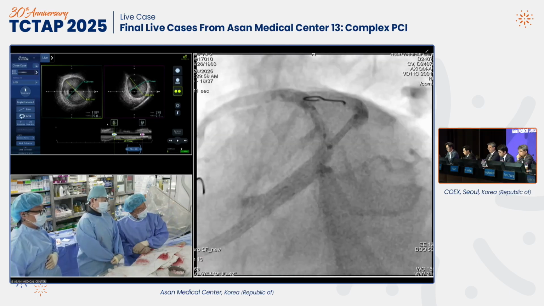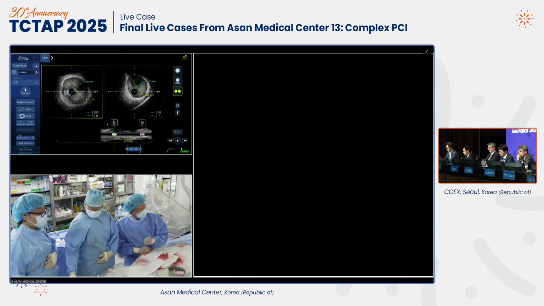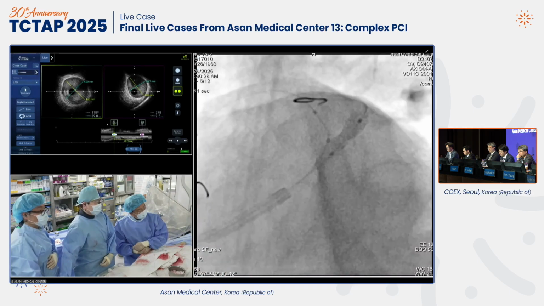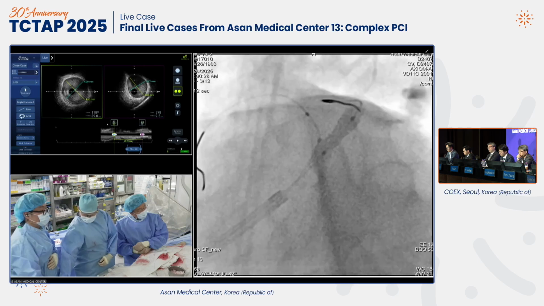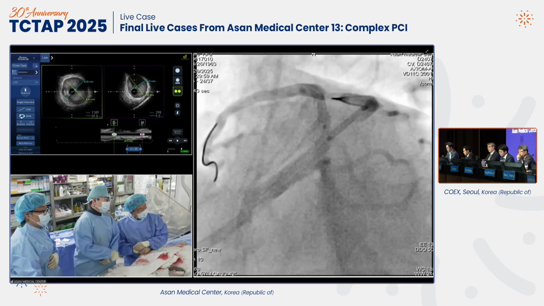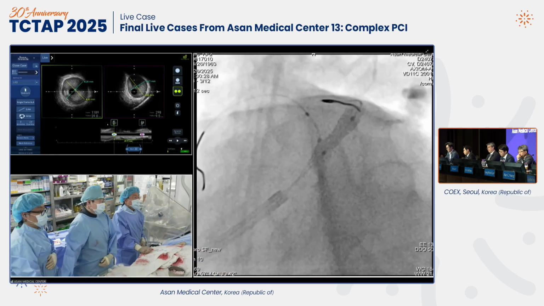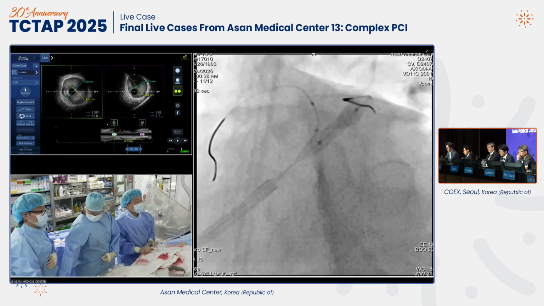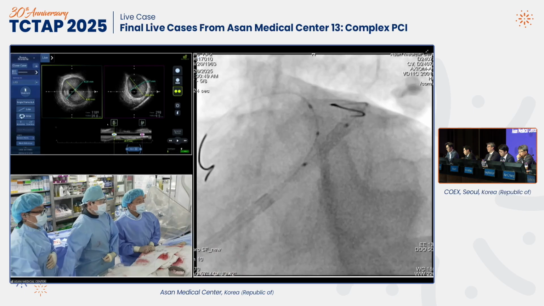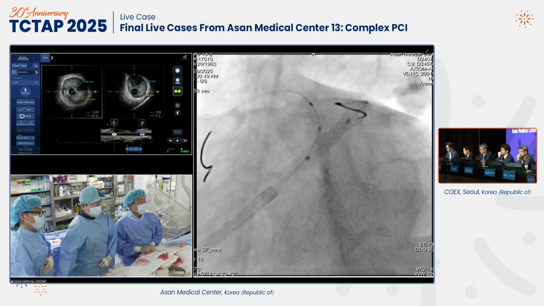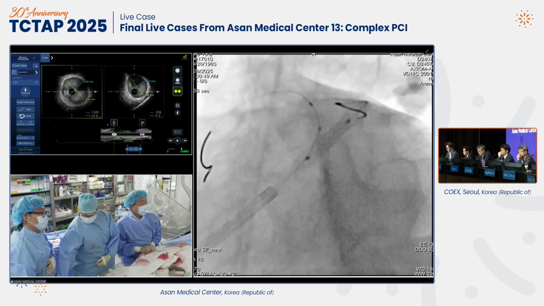Yeah. So we were trying to slightly protrude the side branch stent into the main vessel, and we deployed the stent. And after that, we applied a high pressure at the side branch ostium, just like Professor Ahn told before.